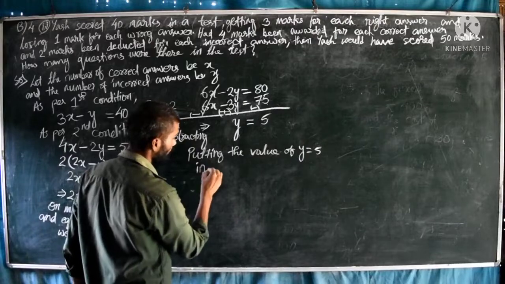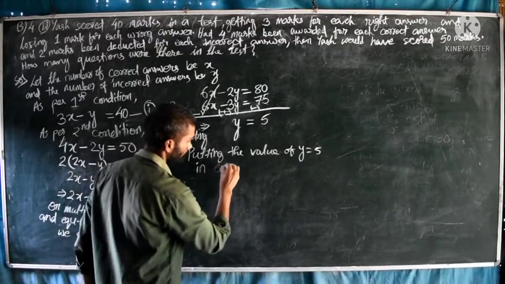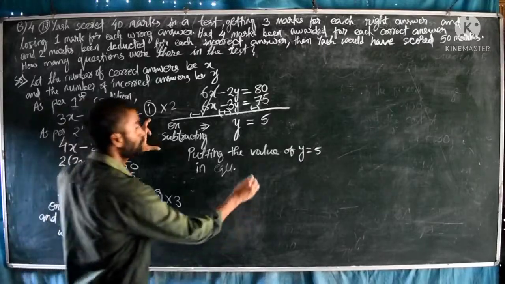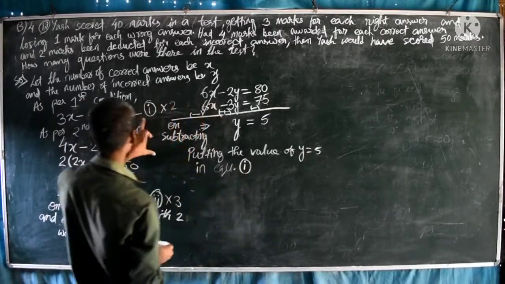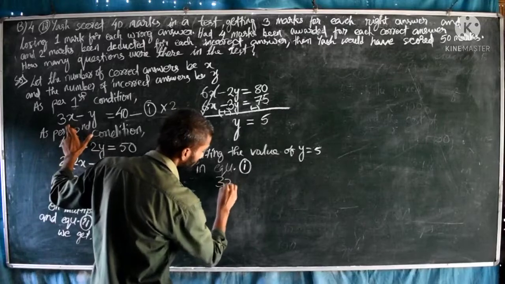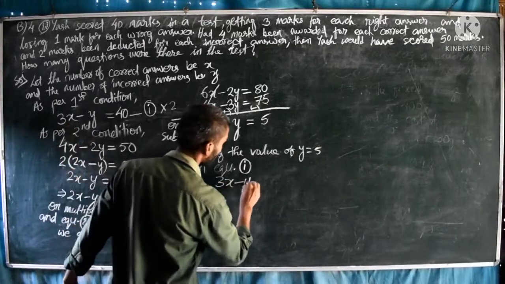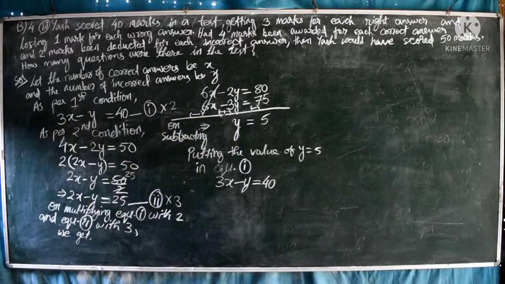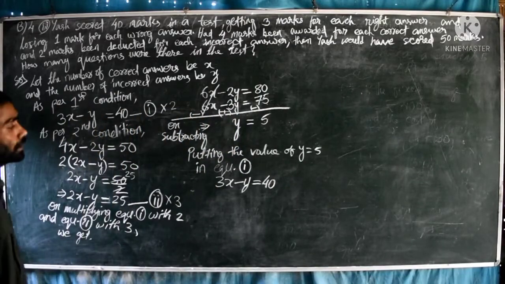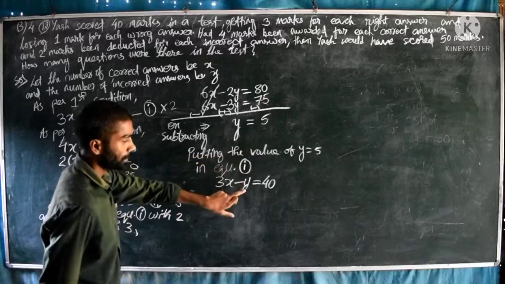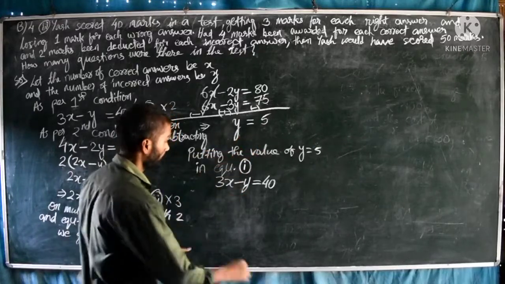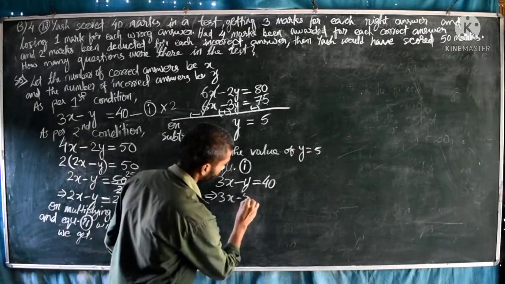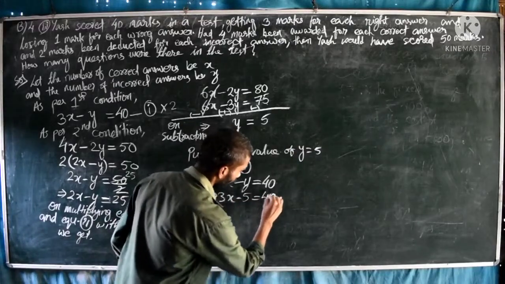Now we will place that value. In any equation you can place. In equation 1 I am placing the value. So we will write equation 1 again, that is 3x minus y is equal to 40. Now the value of y we will substitute, here y we will place the value 5. 3x minus 5 is equal to 40.